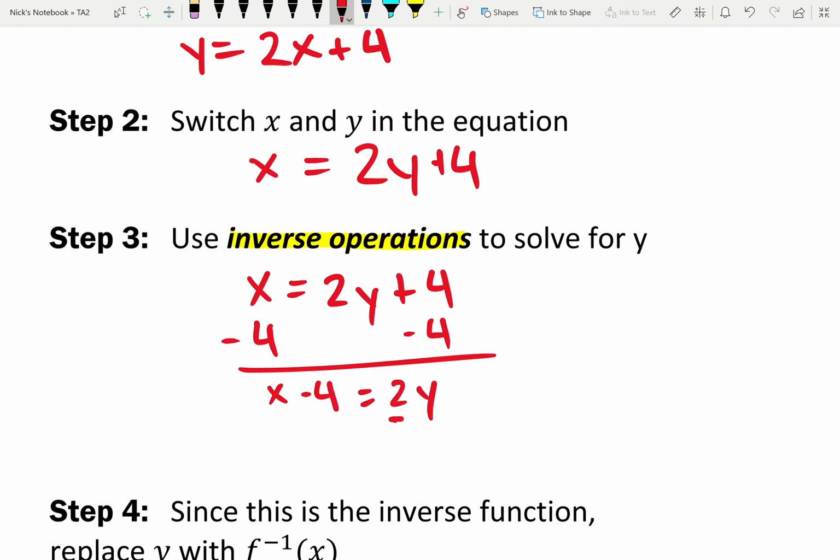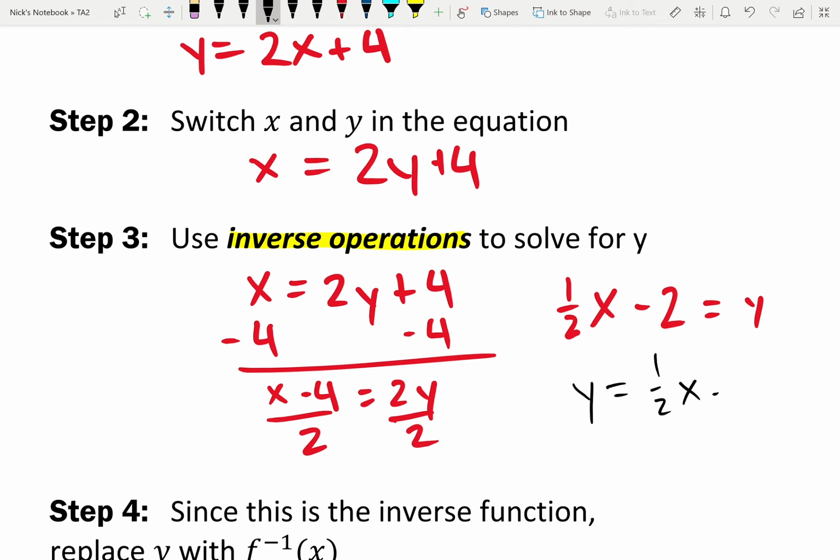Okay, so that's going to be divided by 2, and what that's going to simplify to is x over 2, or 1/2 x, minus 4 over 2. 4 over 2 is just 2, so that equals y. Okay, so we can simplify this even more, and we can just write y equals 1/2 x minus 2.